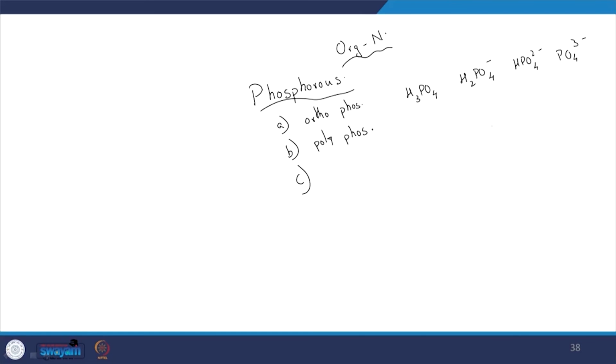polyphosphates, relatively more complex with 2 phosphorus atoms or more, and then I have organic forms of phosphorus. Microbes take a lot of time to make them soluble so that they can be utilized. So, unlike organic nitrogen, organic phosphates typically stay in the solution, and polyphosphates, I think we call them acid hydrolyzable.